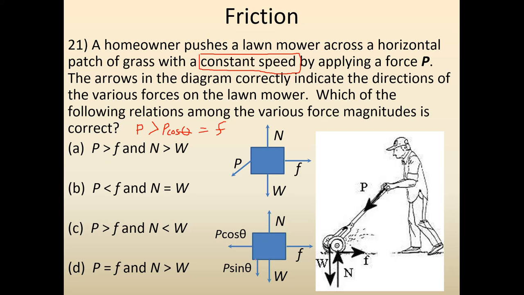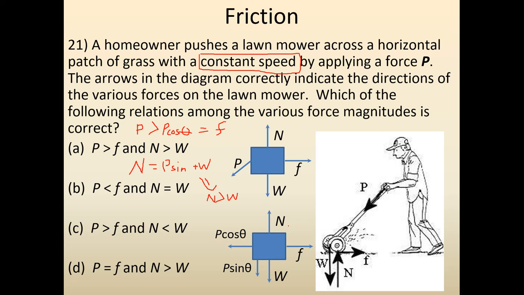Similarly, if I do sum of the forces in the y direction, I get that N equals P sine theta plus W. From here, I can actually see that since P sine theta is going to be, again, some number, this means that N has to be greater than W because there's something a little bit more pushing down.